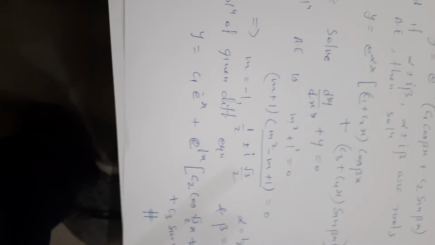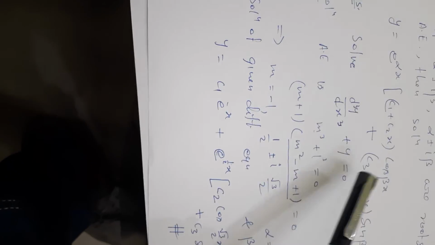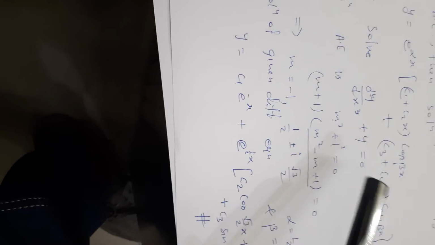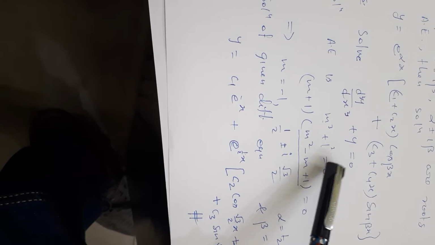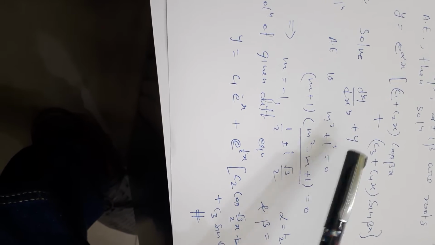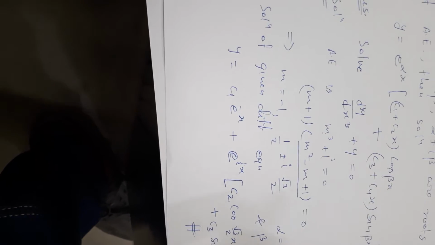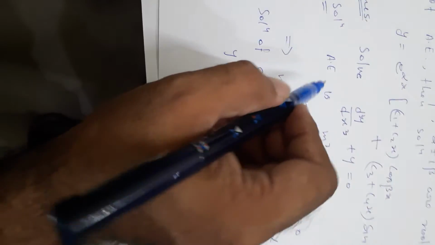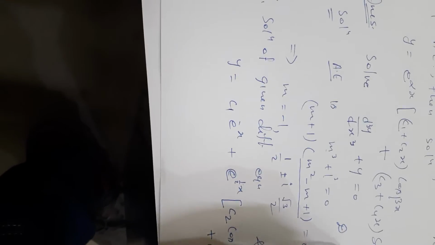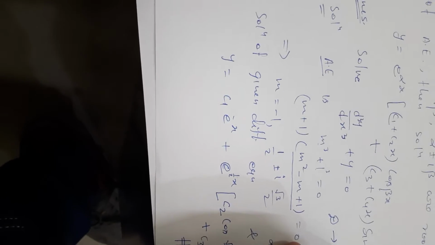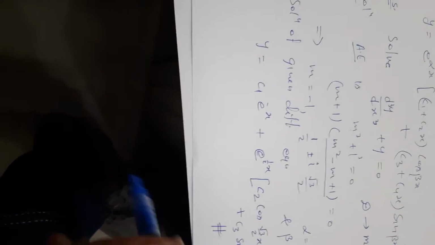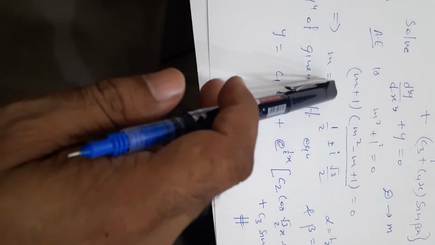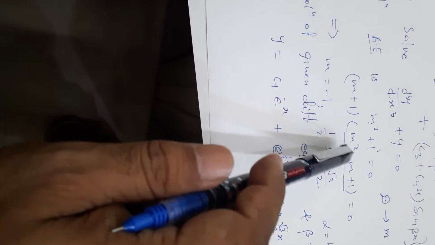So this is the differential equation, and first of all we write the auxiliary equation. To write the auxiliary equation we replace the derivative with m, and we have an equation in m.